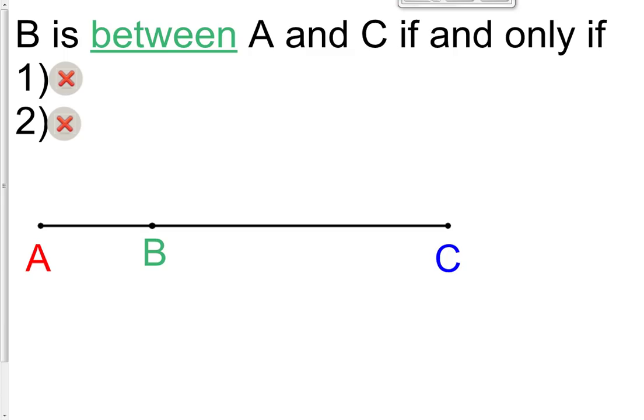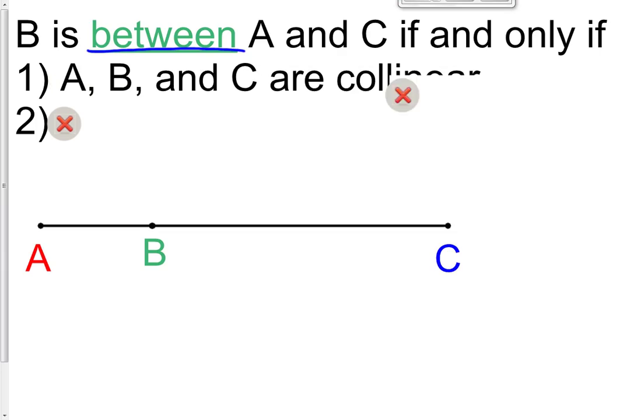Alright, this is a big topic, so make sure you understand exactly what this means. Betweenness: B is between A and C if two things happen. The first thing is that all three of them have to be on the same line. A, B, and C have to be collinear. If we have 3 points like X, Y, and Z, and Y is down here, we would not say that X, Y, and Z are collinear.